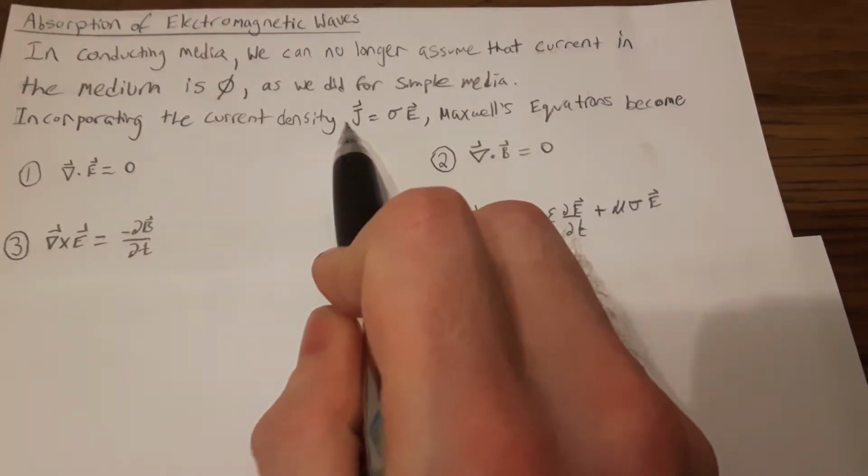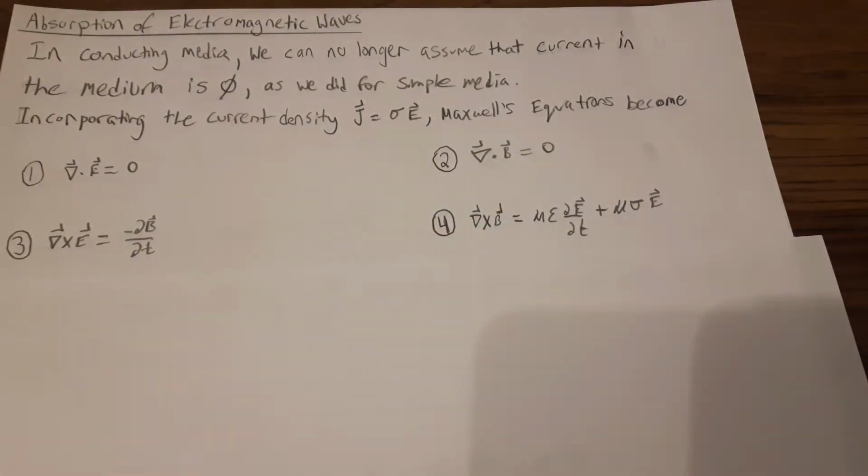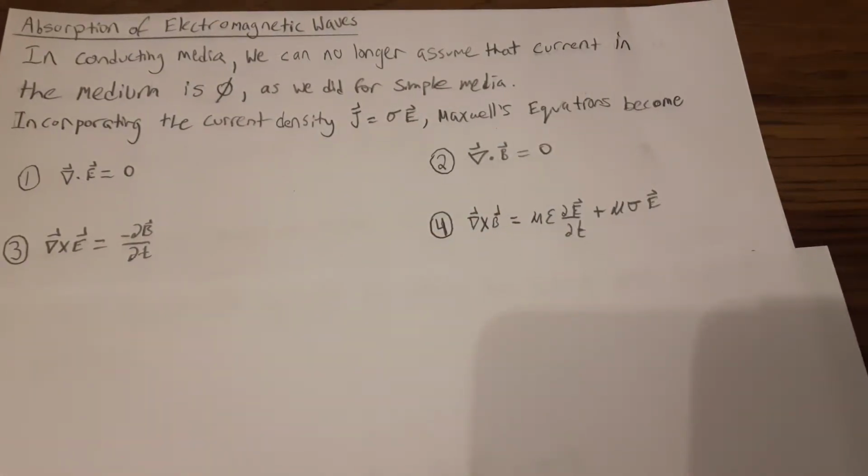where once again sigma times the electric field is equal to the current density. Now we want to obtain a wave equation for the electric field in conducting media.